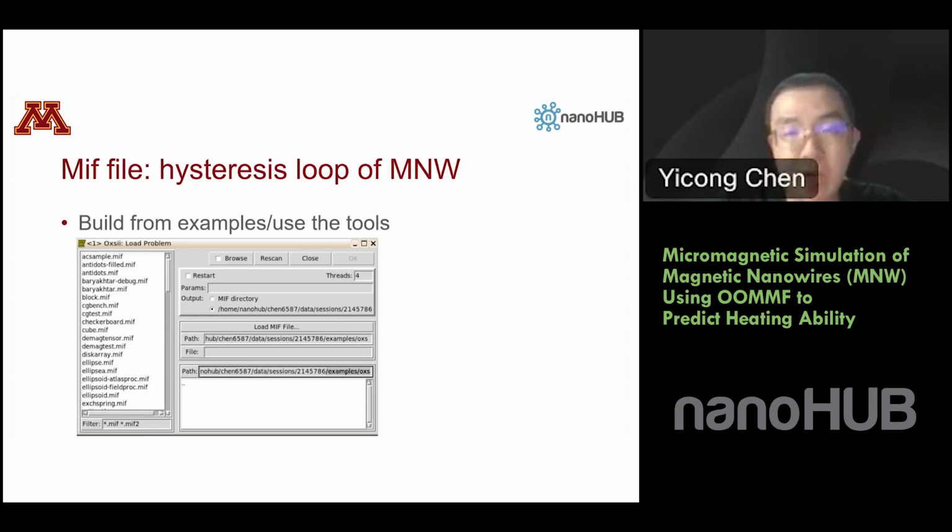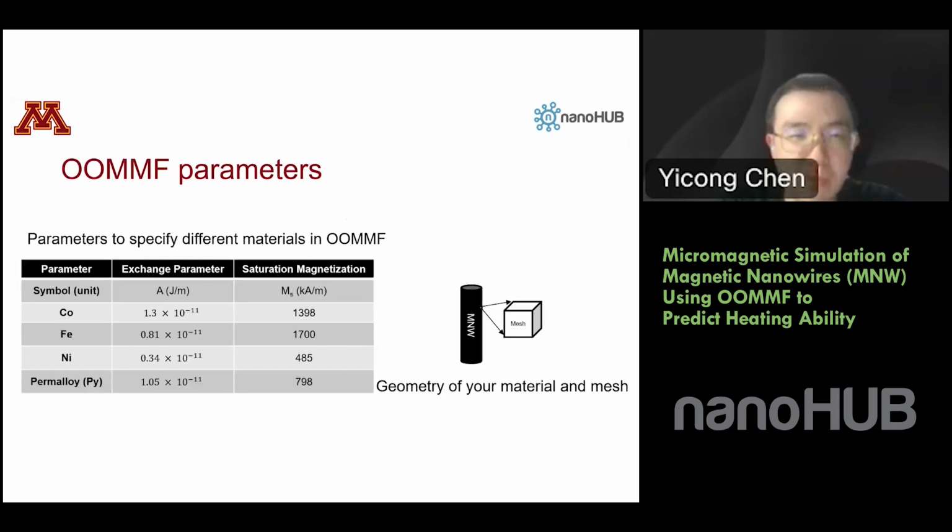They are also very useful tools to generate MIF files, and I will choose one of those tools to show how this works. For my project specifically, I would like to specify two key factors. The first is the parameters that specify the different materials for the nanowire, and the next is the geometry of the nanowire.